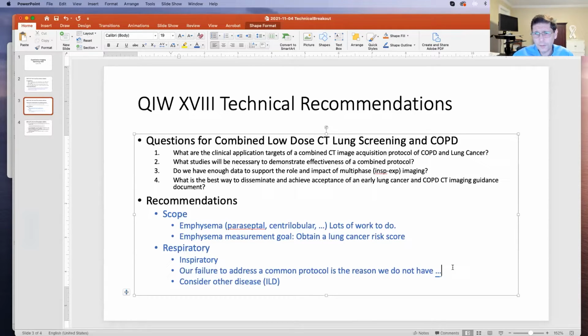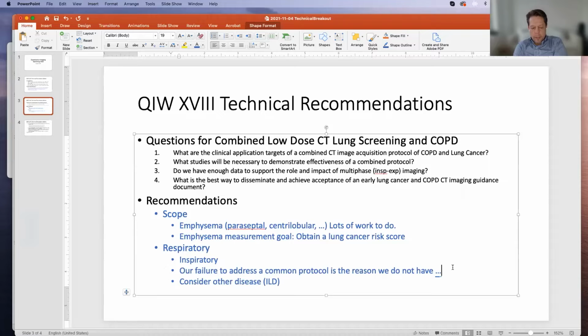The fundamental physics and the optics are very common. There might be more emphasis on one thing or another, like noise might be more important in certain situations. If you're looking at textures, noise is a really big deal. But if you're looking at high contrast objects like small lung nodules that are solid, noise doesn't play as big a role because the contrast is so high.